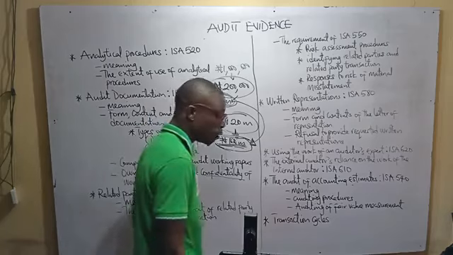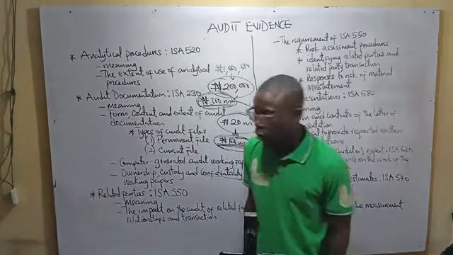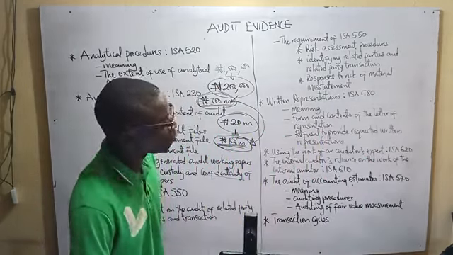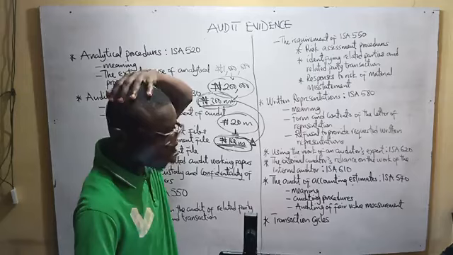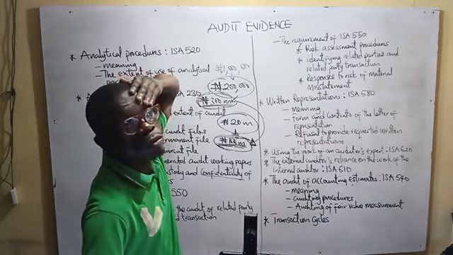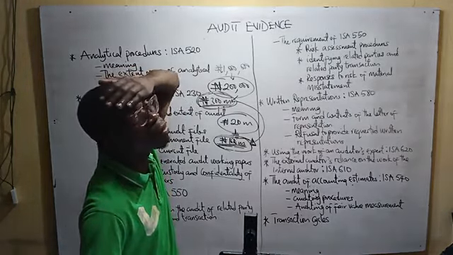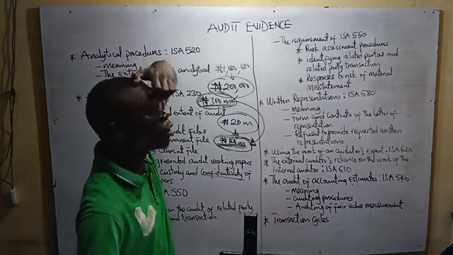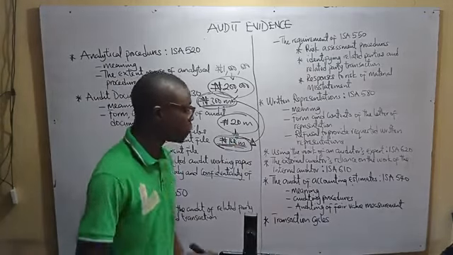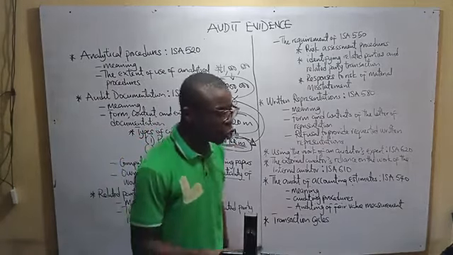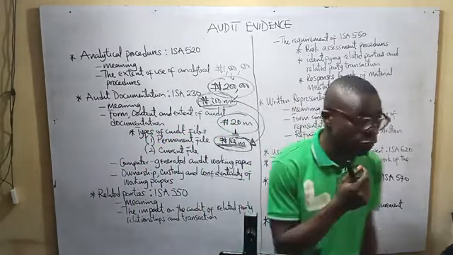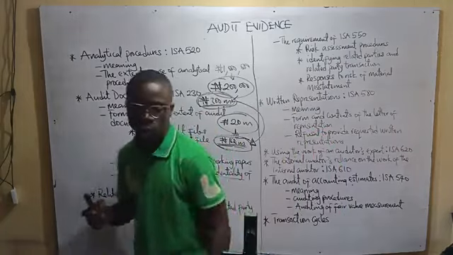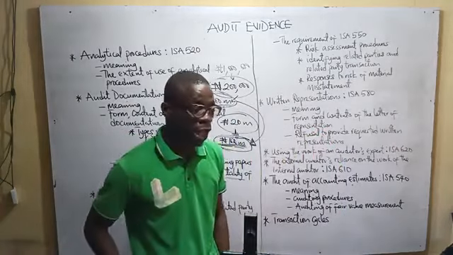Fair value is the price received for selling an asset or paid to transfer a liability between market participants in an orderly transaction. Yes, that's fair value. That means we have different measurement techniques. There are different techniques that can be used for what?